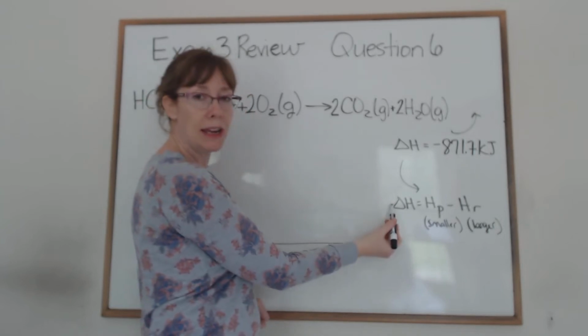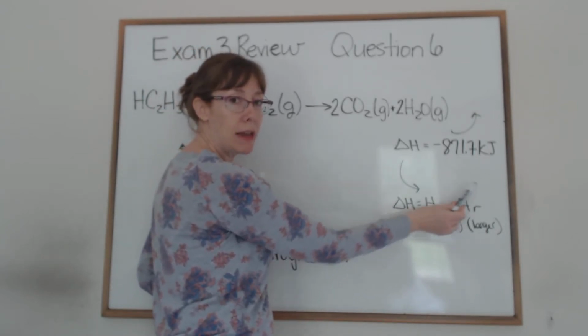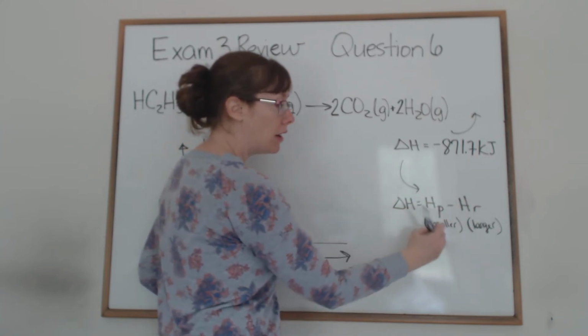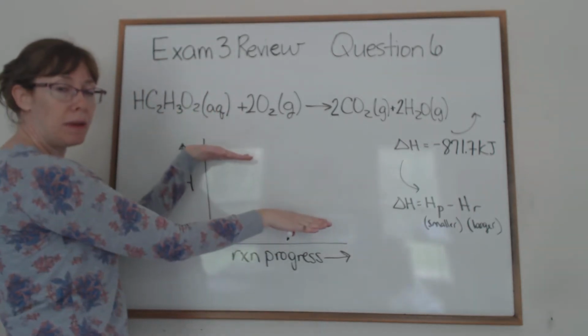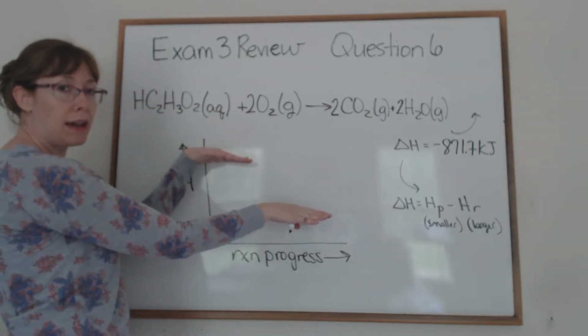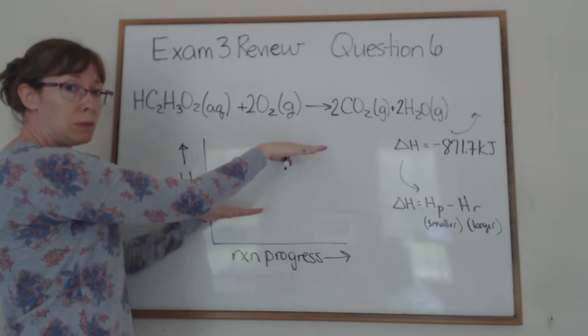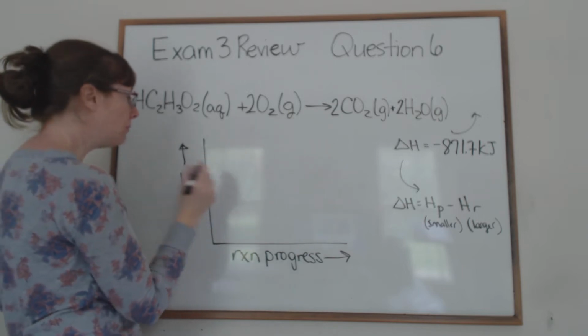The only way to get a negative number from a subtraction is if you do small minus large, like 5 minus 10 or 1 minus 3. So the enthalpy of the products needs to be lower than the enthalpy of the reactants for an exothermic reaction. For an endothermic reaction, it would be reversed. This is what an endothermic reaction would look like, but exothermic looks like that.